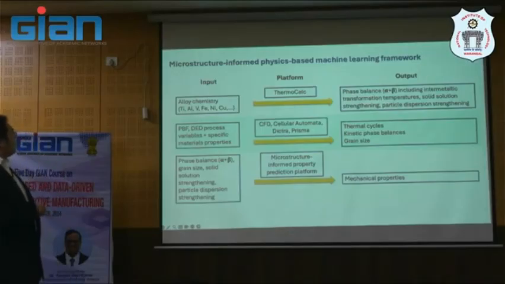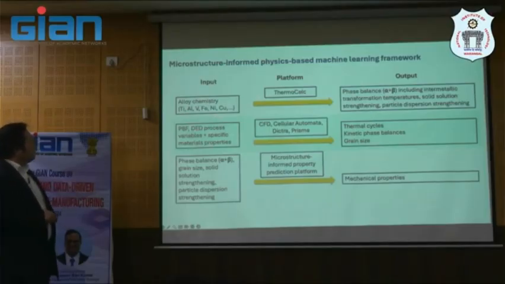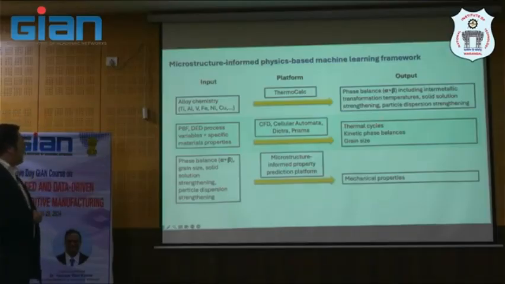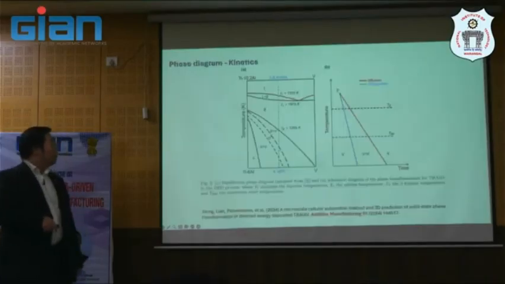And then we input the process variables, whether you use PBF or DED, and use a number of platforms, CFD, CA, DICTRA, Prisma, to calculate the thermal cycle kinetics and then microstructure information. After that, you use this microstructure information as an input to the property prediction platform for mechanical property.